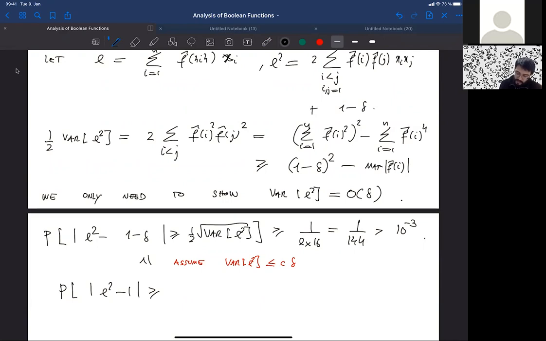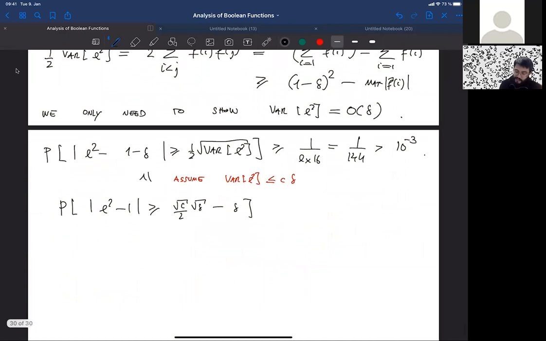Like some square root of c over 2 square root of delta minus delta. Okay, and then this is definitely less or equal, if delta is small enough, than some other constant c prime root delta.